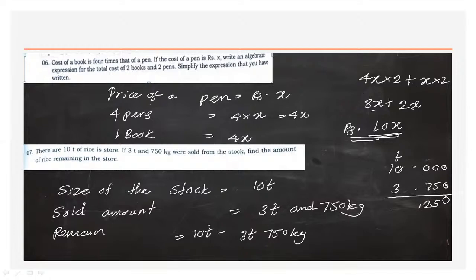And here the remaining 9 subtract 3 is 6. So 6 tons and 250 kilograms remaining. Here we decide kilograms, right? We subtract the sold amount from the stock, and the remaining is this.